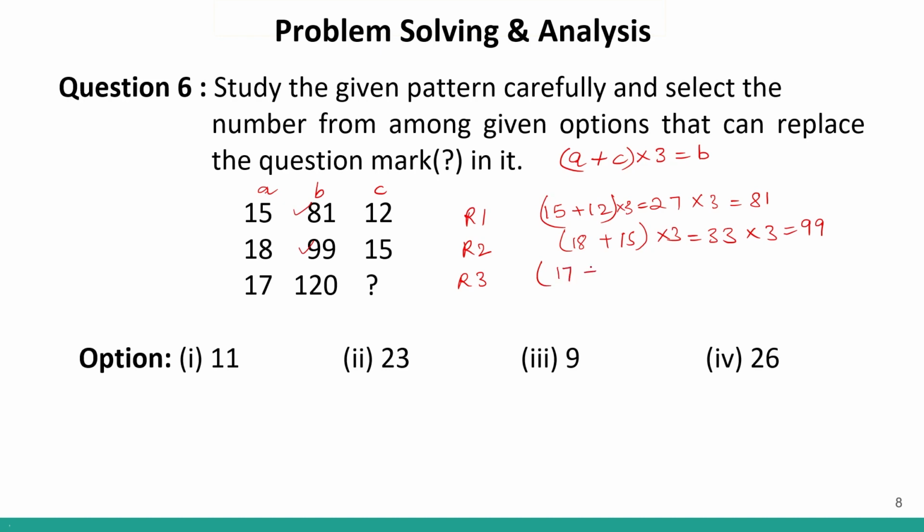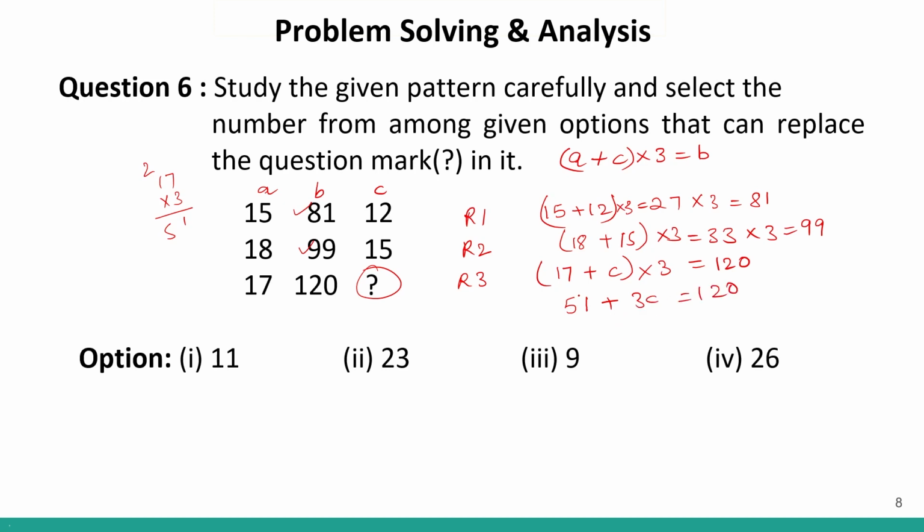Now I need to find a number, let us say it is C, that when multiplied by 3, gives me 120, because we don't know the C term here. So A plus C into 3 gives me B. So 17 plus C into 3 should give me 120. If I multiply 17 by 3, this is 51. So 51 plus 3C is 120.